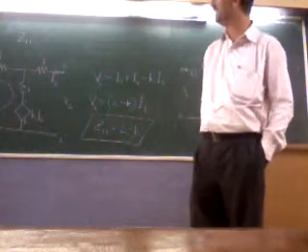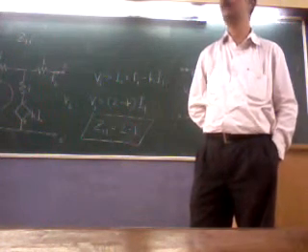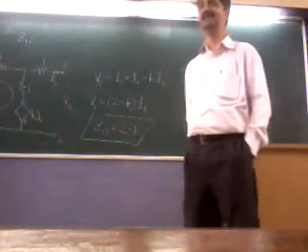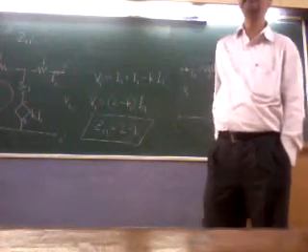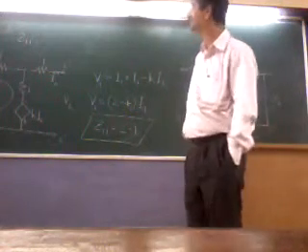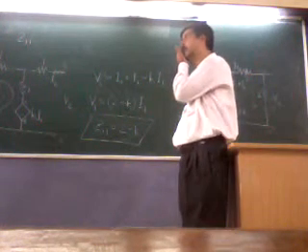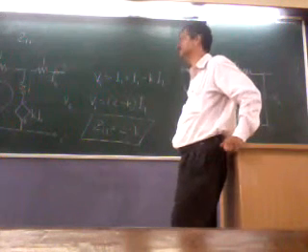If K is 3, how will the thing take place? If K is 3, compute. And what if K is 2?